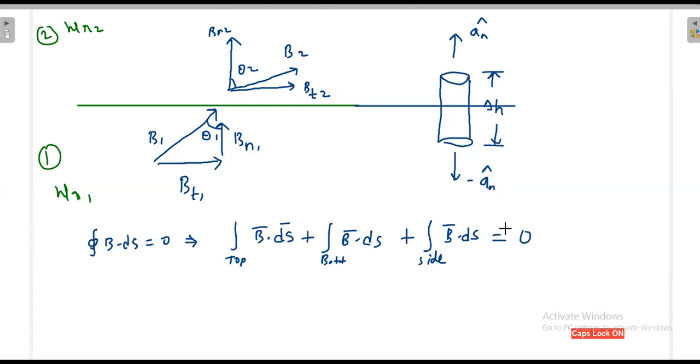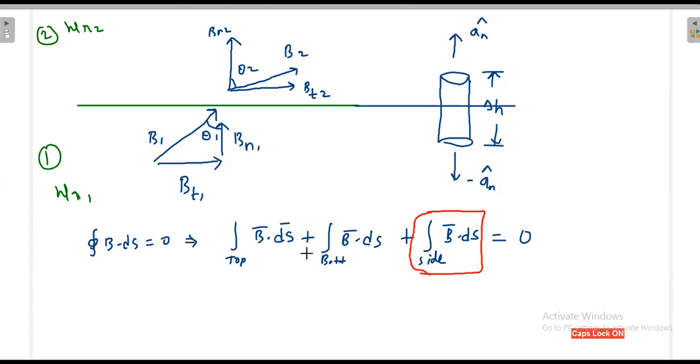You know that from your experience, the flux will come only from the top surface or the bottom surface, and definitely along the side surface there will not be any flux. So the third integral, the flux coming out of the side surfaces, is always 0. Then you have to compute the remaining integrals.